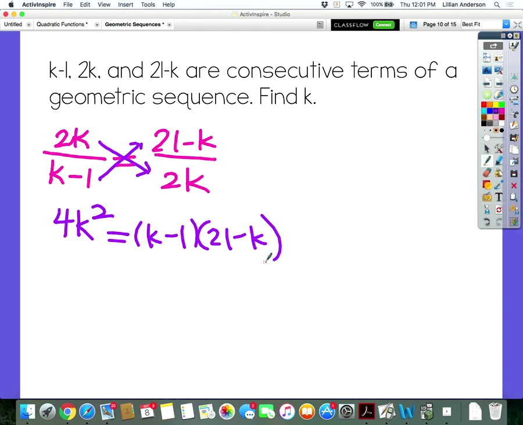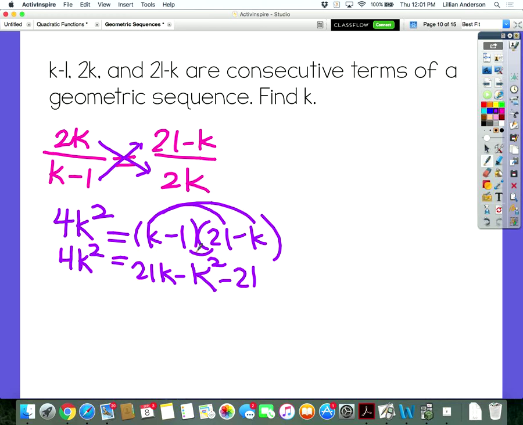Okay. So what's k times 21? 21k. First, outer, what's k times a negative k? Negative k squared. Your inner, what's negative 1 times 21? And your outer, what's negative 1 times negative k?